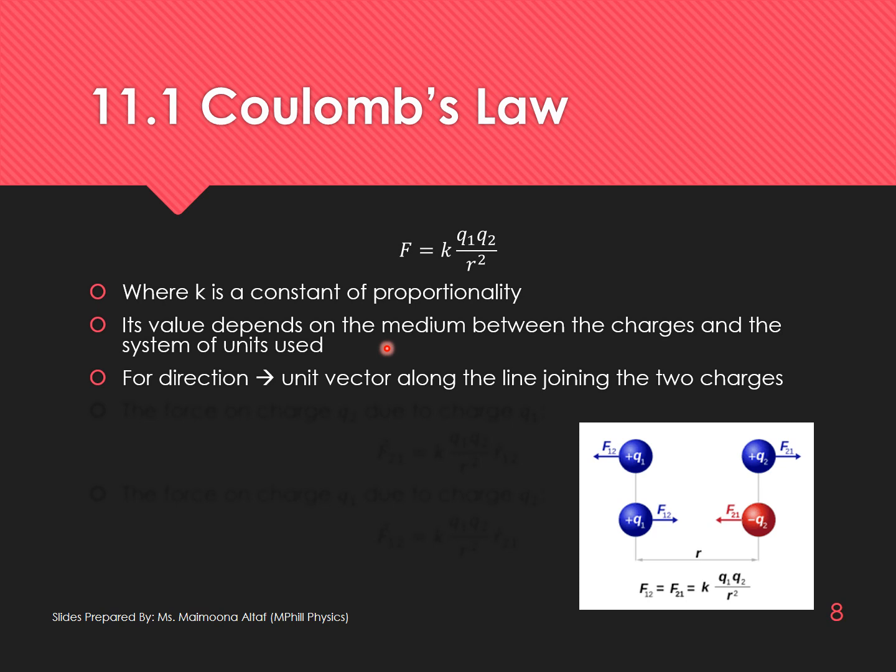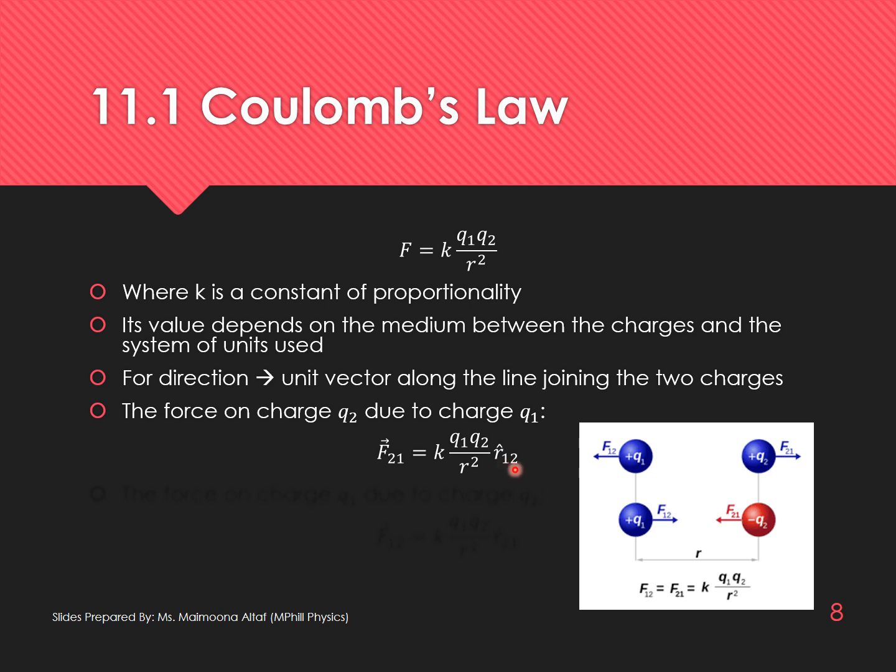As a result, if we want to find the force on the charge Q2 because of the charge Q1, we can write the force as F21 equals K Q1 Q2 over R square along with the unit vector R1 of 2.